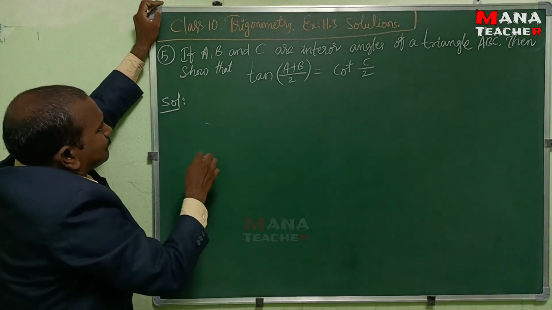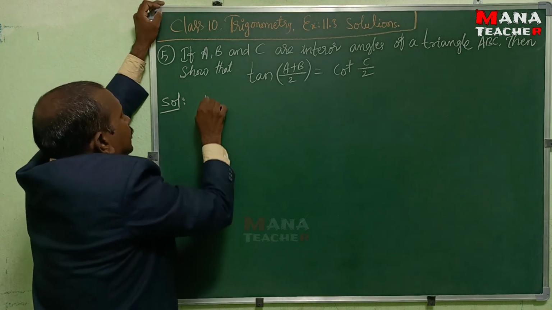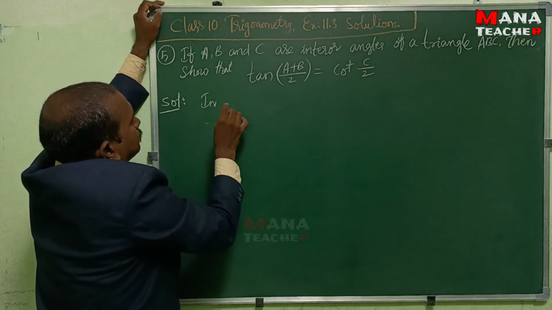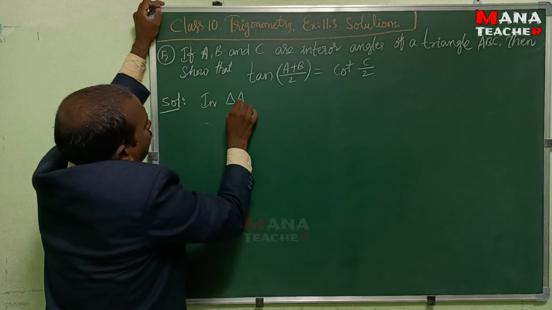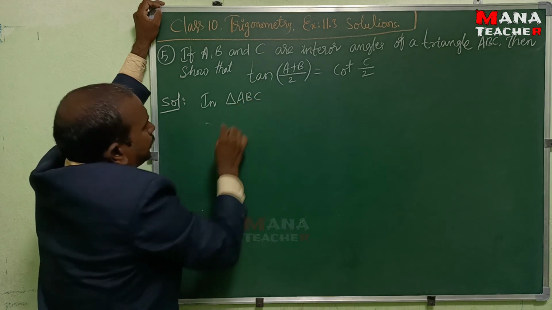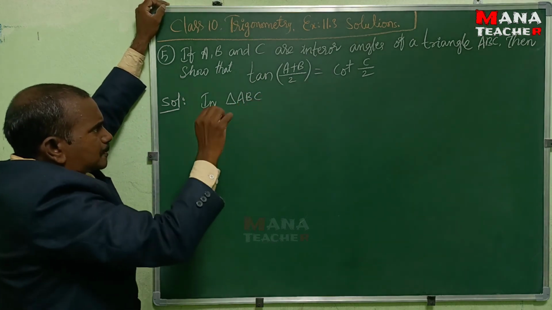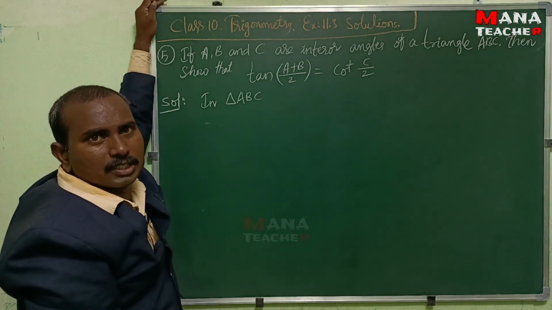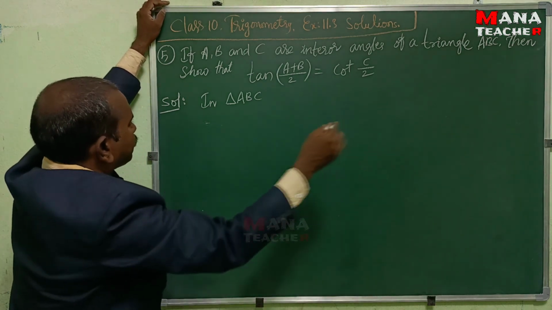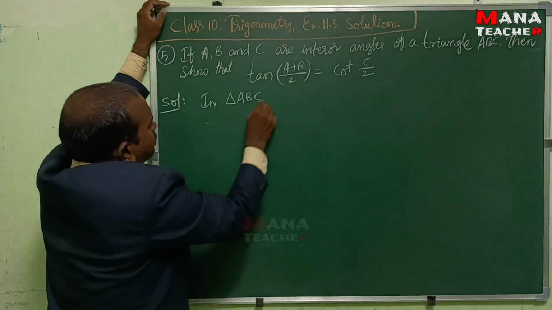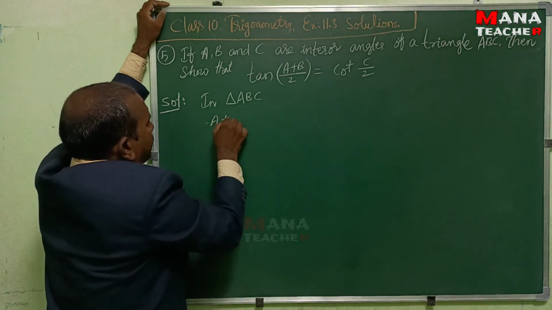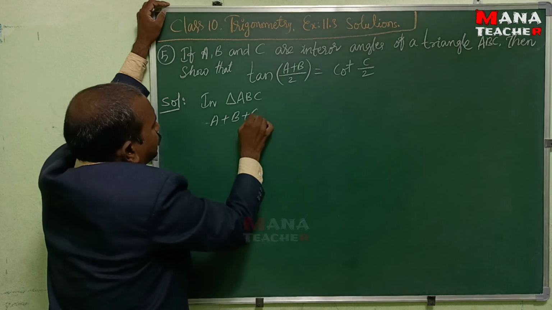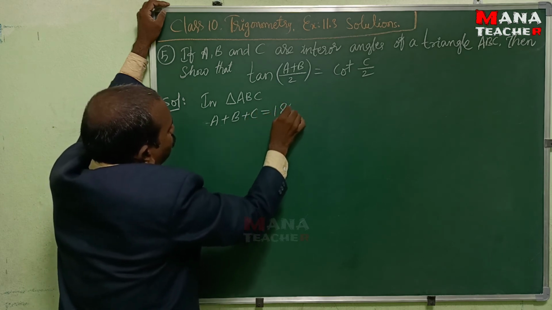Solution: in triangle ABC, the sum of angles in a triangle equals 180. Here A plus B plus C equals 180 degrees.